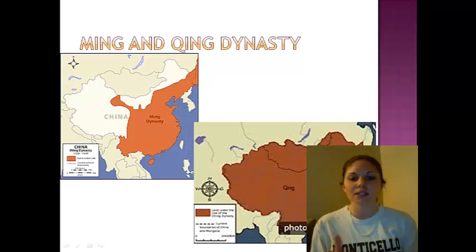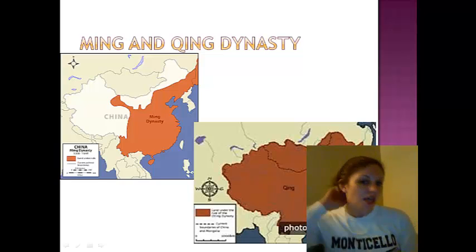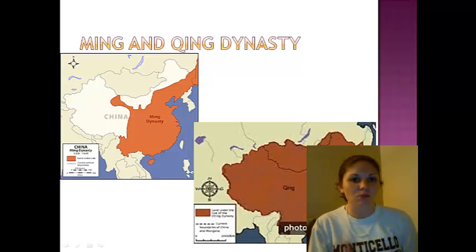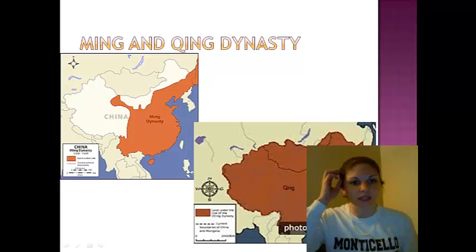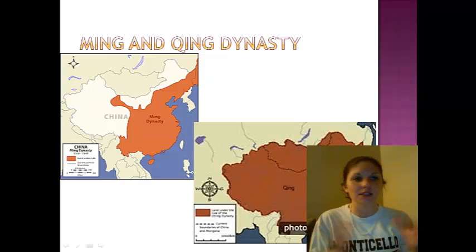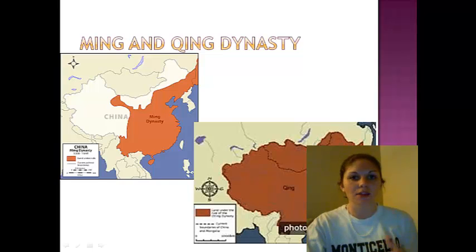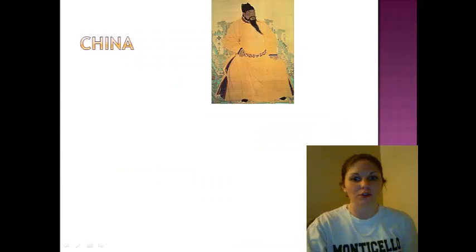And then the next is the Qing dynasty. It's spelled with a Q, but it's said Qing. And it is essentially all of what we know as modern day China and even part of Russia up there. And so these two dynasties are the ones that exist after the 1500s and are going to shape the trading policies that we are going to learn about.